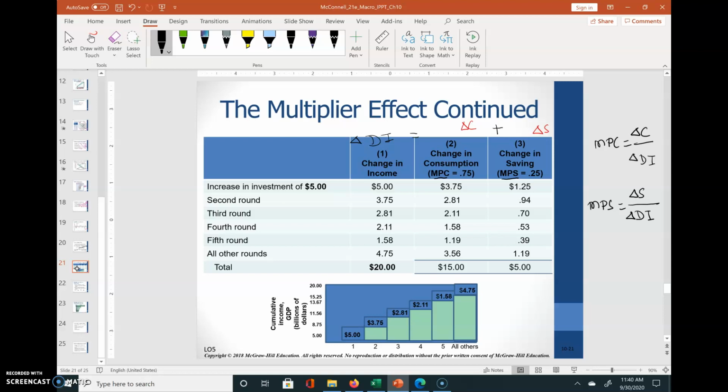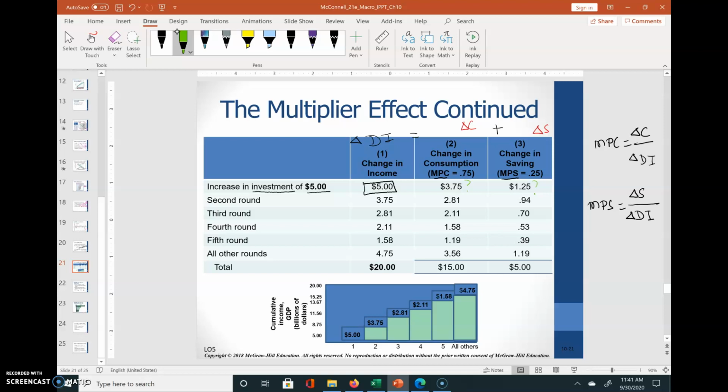Now look at the first round. There is an initial investment of $5. So the change in income is $5. I want to know how we got this 3.75 and how we got 1.25 here.